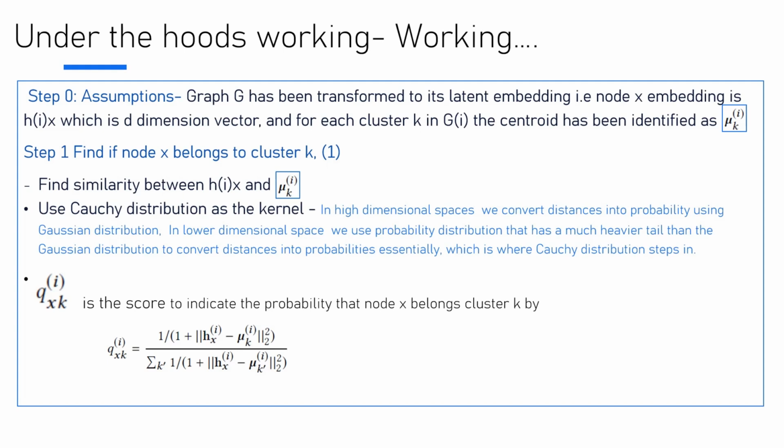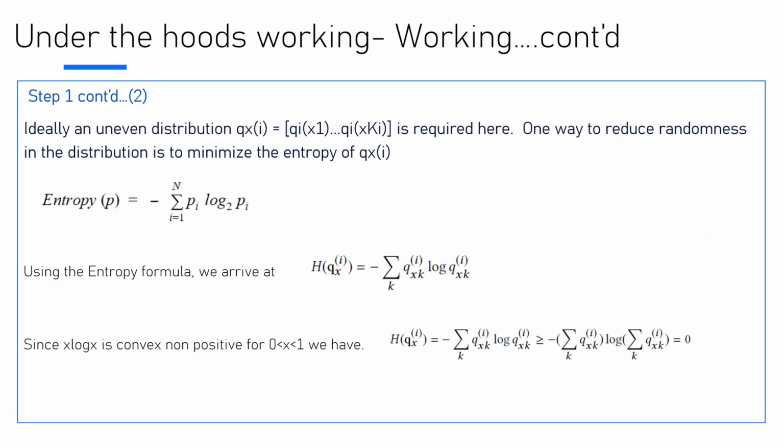Now ideally, this is an uneven distribution, so you can see that Q of X of I can run from Q_1 all the way to Q_K, and this is highly desirable. With many points, the randomness in the distribution is high, so we want to reduce the randomness in the distribution.